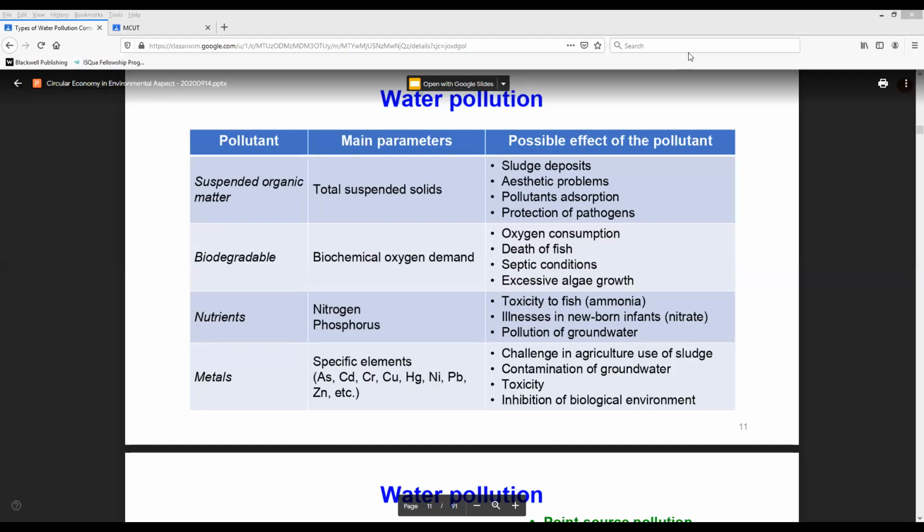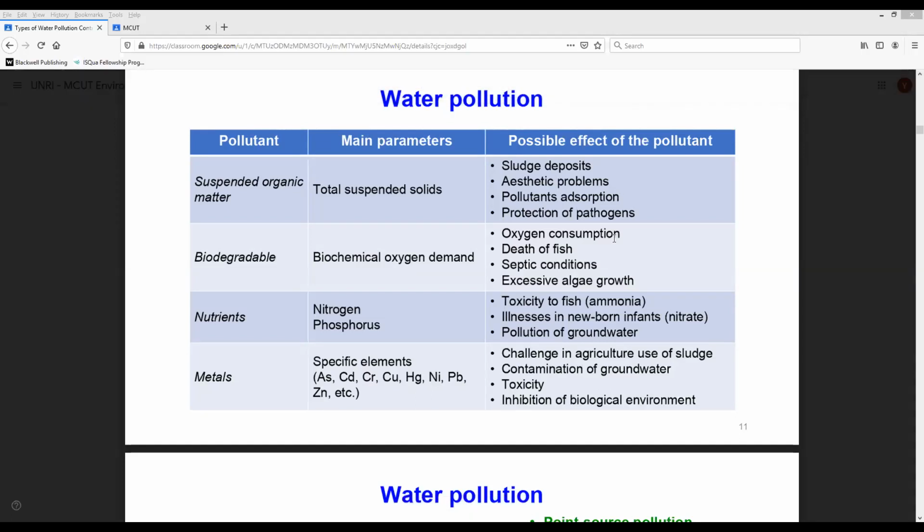Actually, there is a medical report that when newborn babies drink water containing nitrate, it makes the baby's skin turn blue. That's why we call this a blue baby. This means the newborn baby drank water which contains too much nitrate.